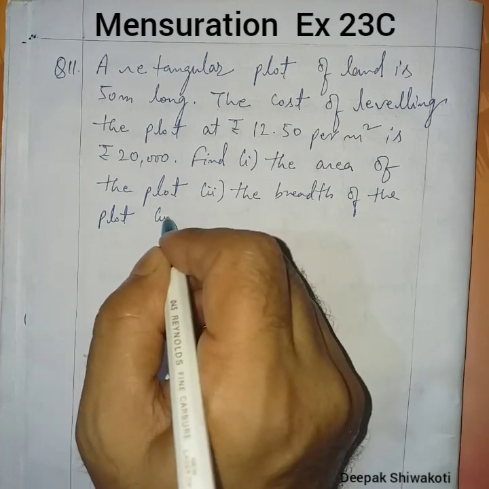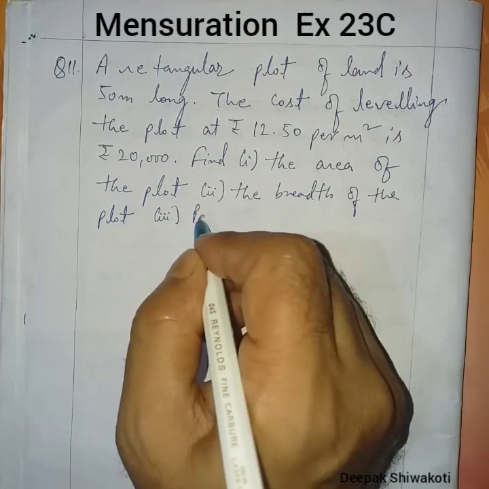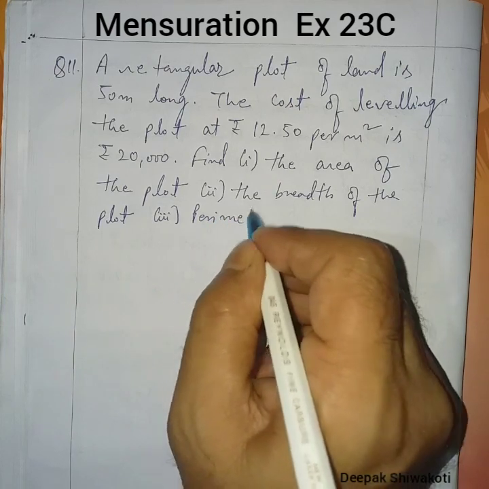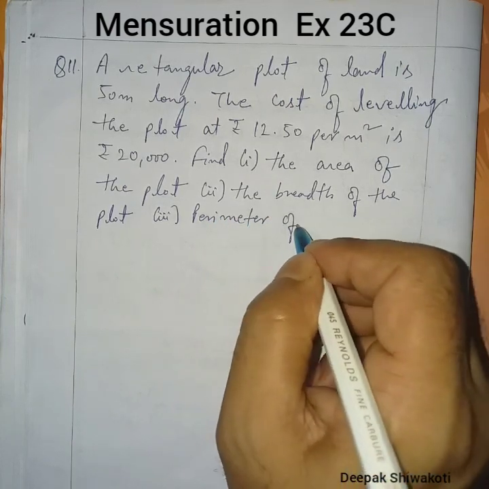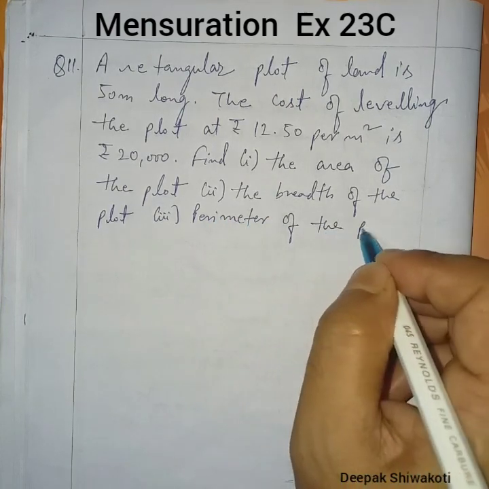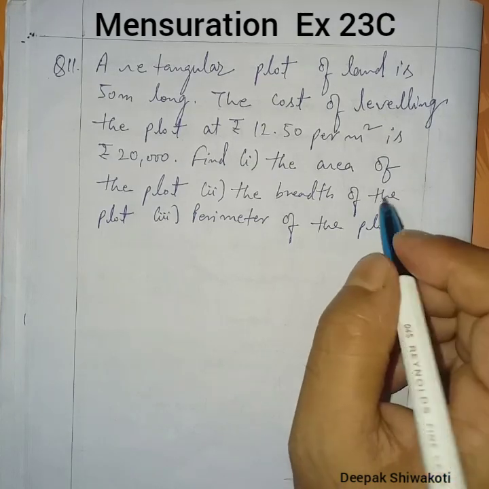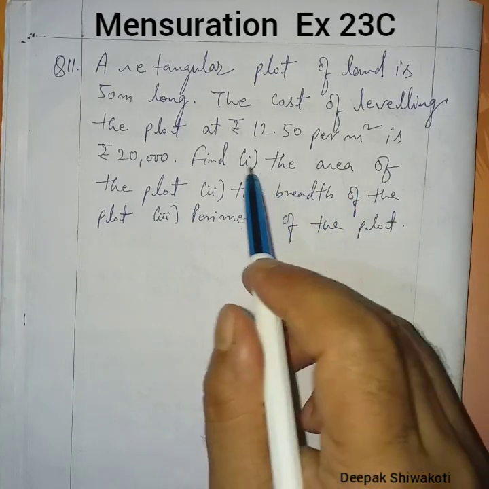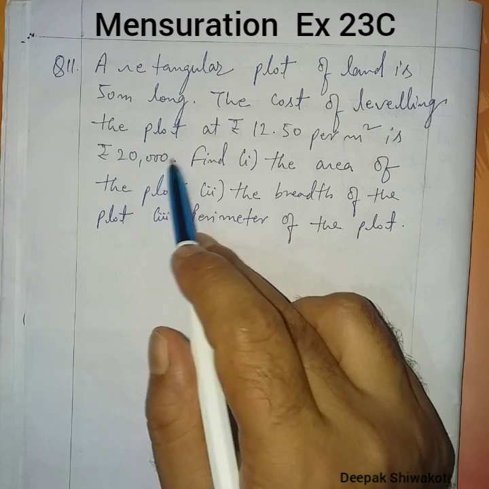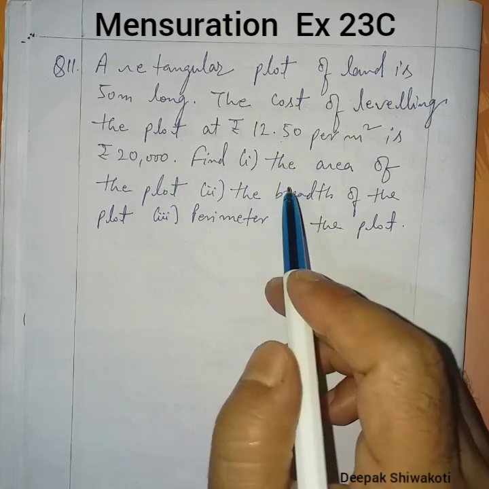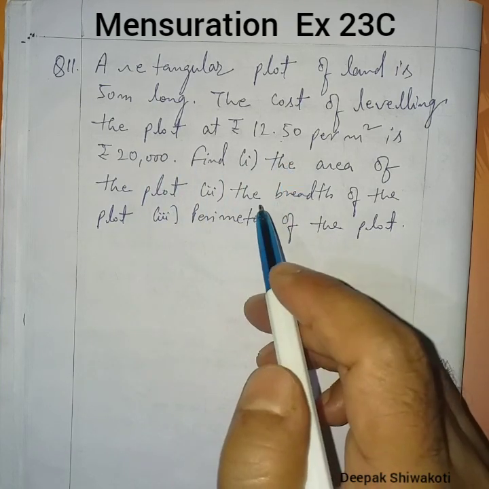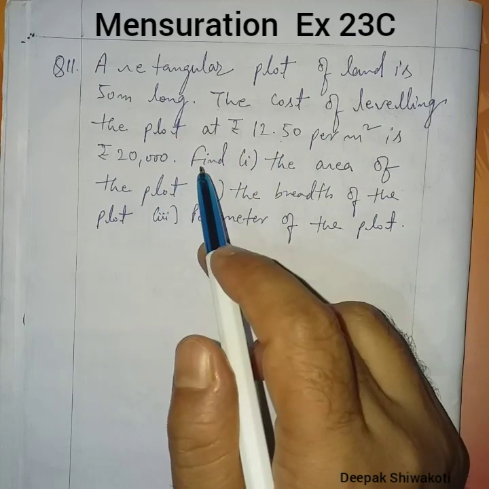And number 3, the perimeter of the plot. So here given is the total cost of leveling at this rate, and we have to find these three things. With this given, we'll start the work.